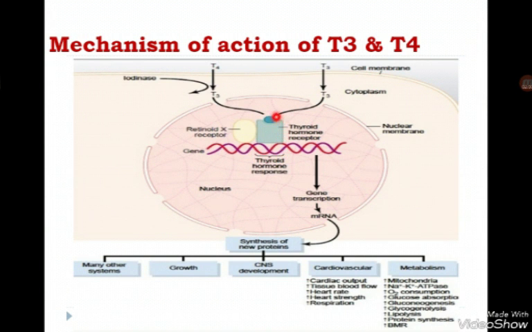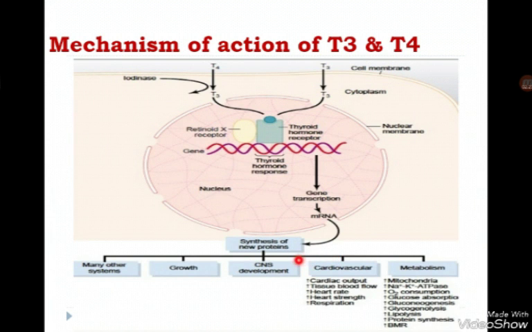This dimer is going to work as a transcription factor that enhances the transcription of many messenger RNAs and production of many proteins and enzymes that will increase our metabolic activities. So it's going to increase the metabolism in general, the cardiovascular system, other systems like endocrine and GI system.